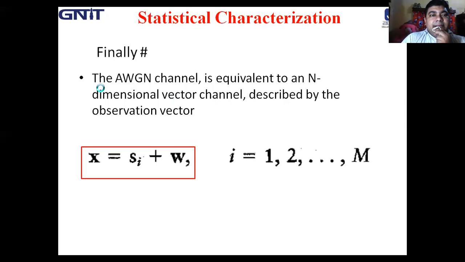Finally, we can say that the AWGN channel is equivalent to an n-dimensional vector channel described by the observation vector x equal to Si plus W, where i equal to 1 to m.